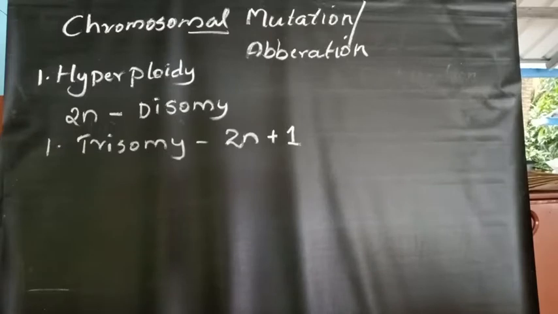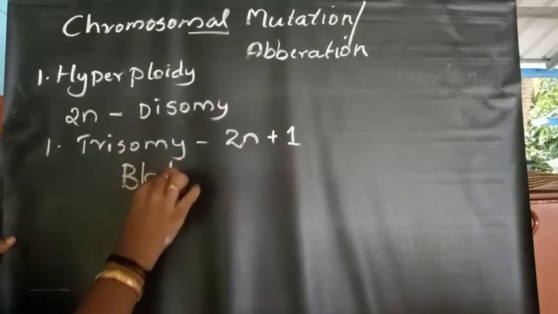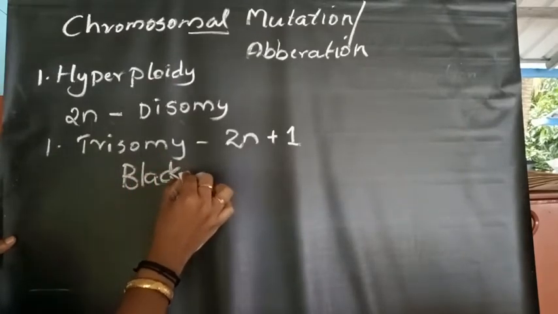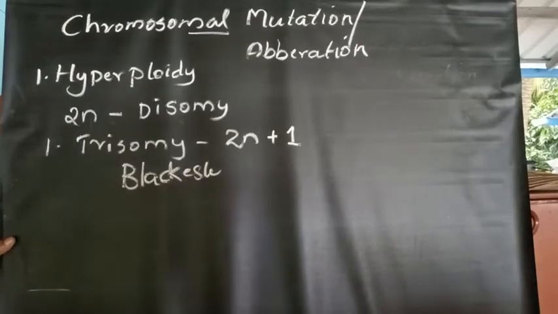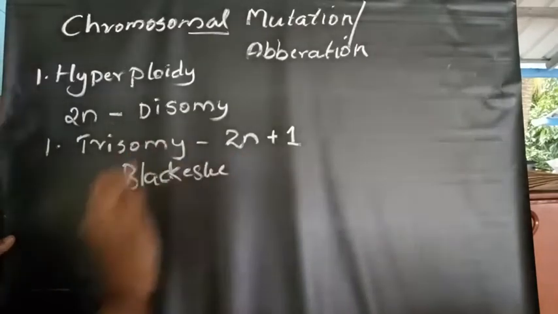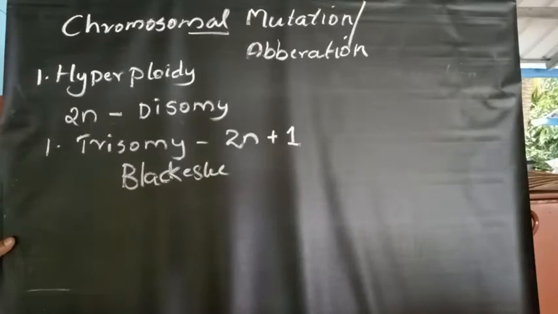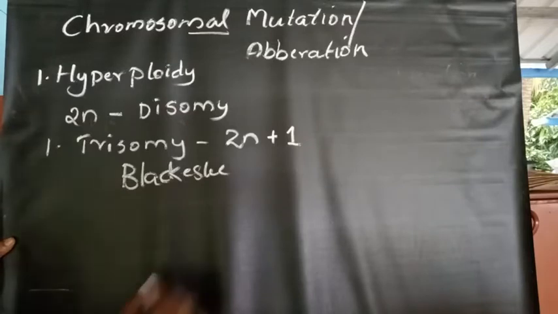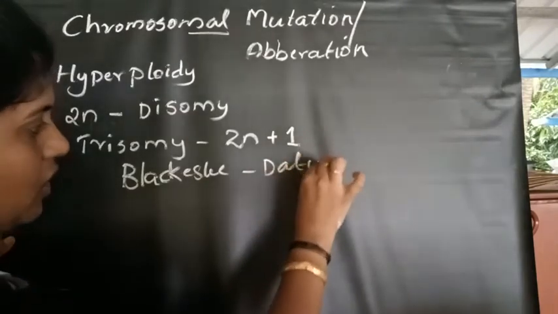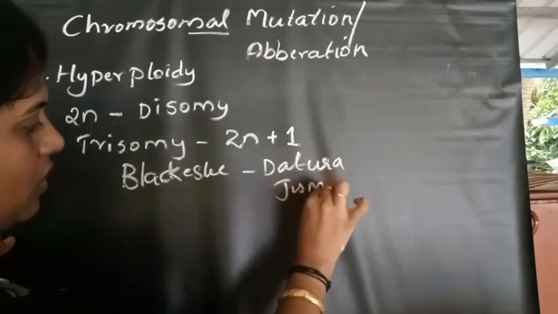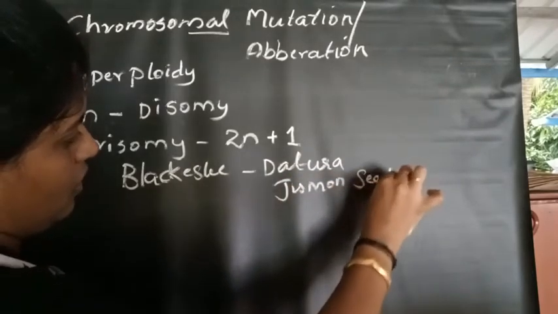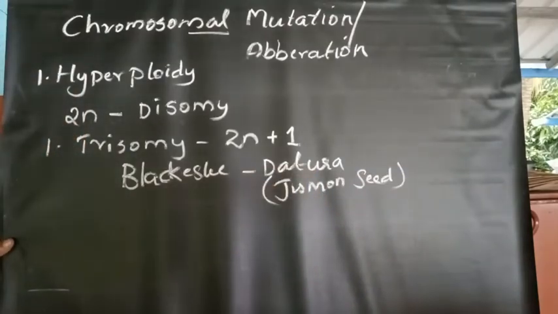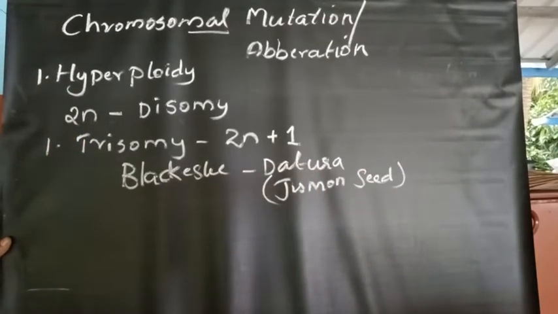Trisomy was reported by the scientist Blakeslee in 1910. He found the trisomy condition in the plant Datura, that is jimson weed.